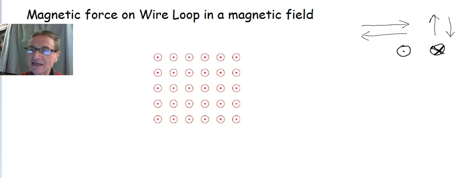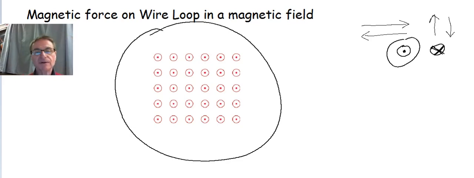Well, you're going to see a dot coming at you. You're not going to see the crosshairs, but you're going to see a dot. So that's how you can think of the conventions when we talk about magnetic fields, because we're talking about things in 3 dimensions.